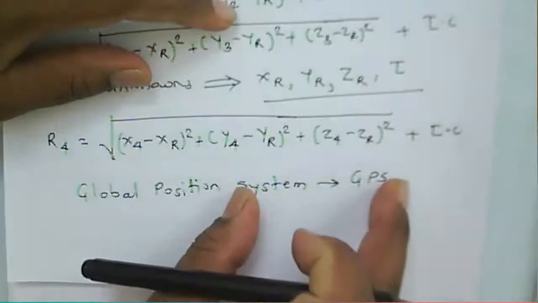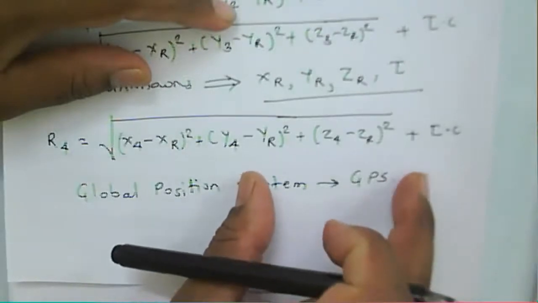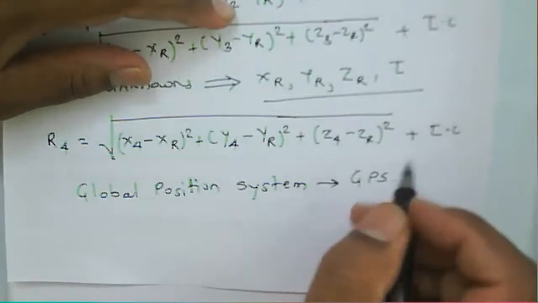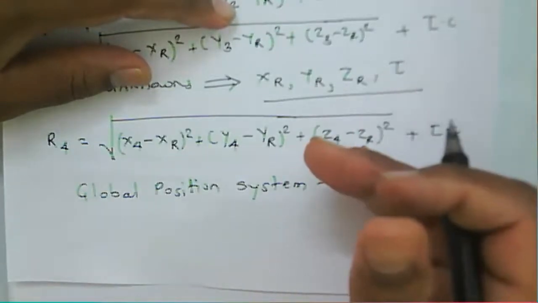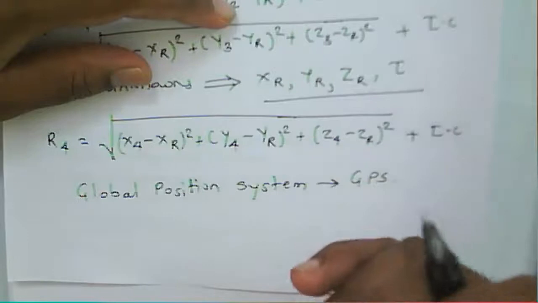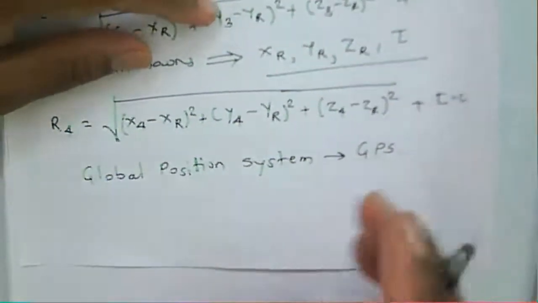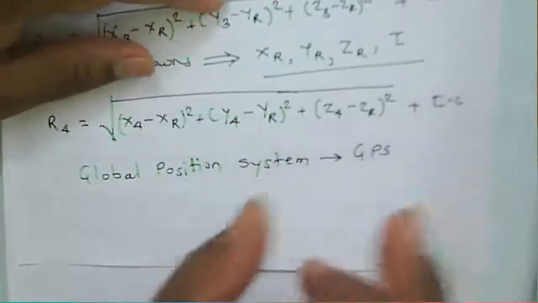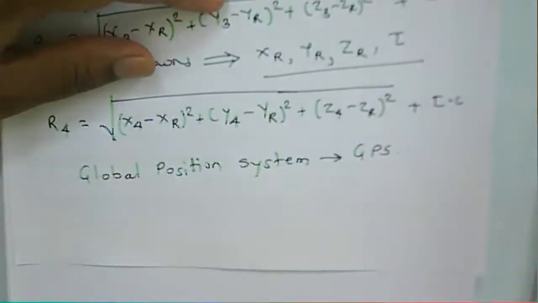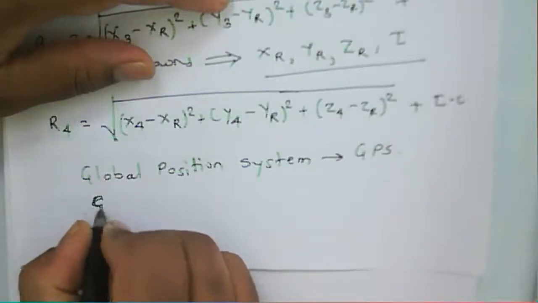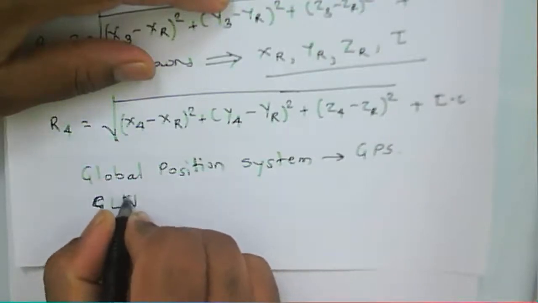Earlier it was the Navstar GPS because it was developed by Navstar. This navigation system was developed by the US, and instead of Navstar, people now say the GPS system only. Then other countries have developed their own systems, and we will see all those navigation systems one by one.